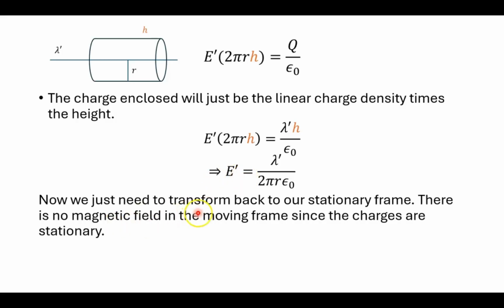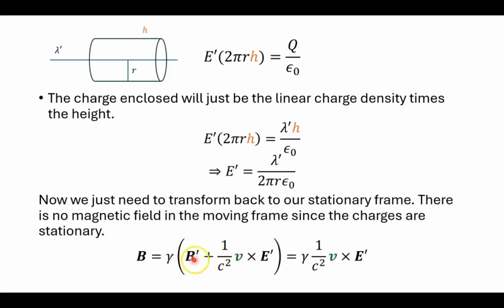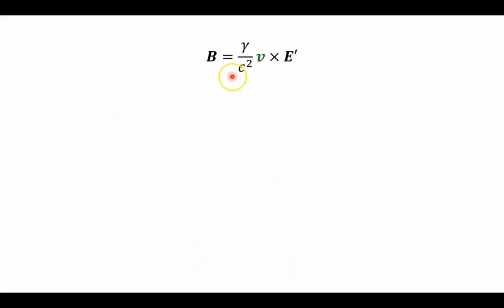We just need to transform back to our stationary frame. There's no magnetic field in the moving frame since the charges are stationary. So in our Lorentz transformation, this B prime will just be 0, and we will be left with one term. So this is the Lorentz transformation.